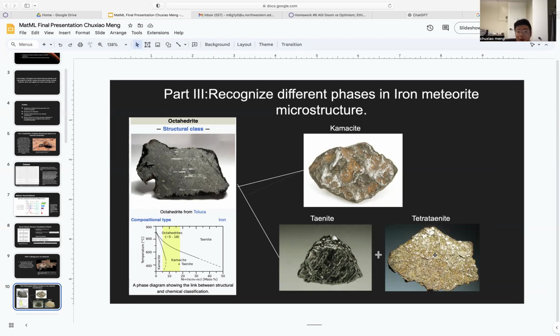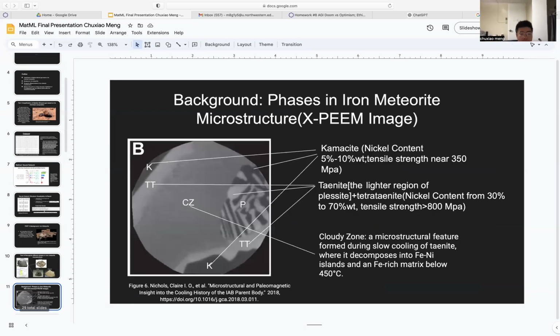So now let's see how this physics looks in a microstructure. Here's the PEM image. The kamacite is the dark part of the image, and the taenite and tetrataenite are the lighter part.